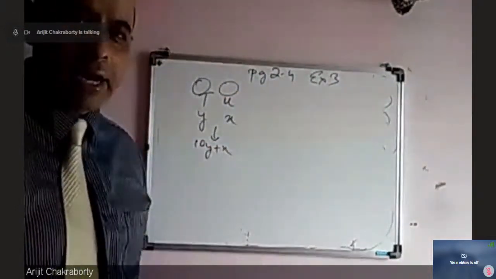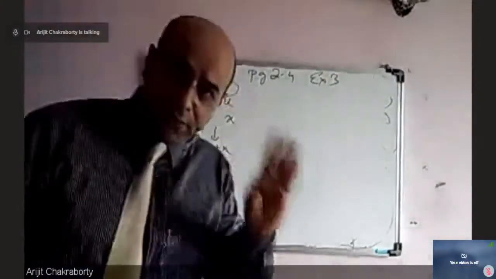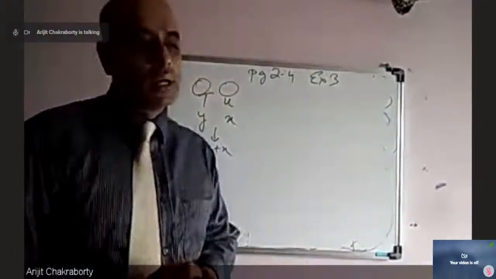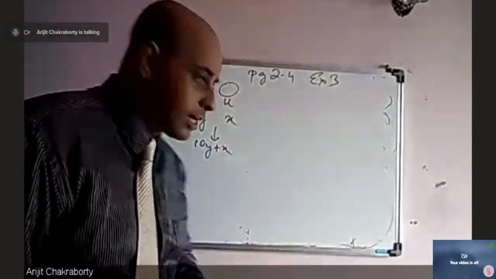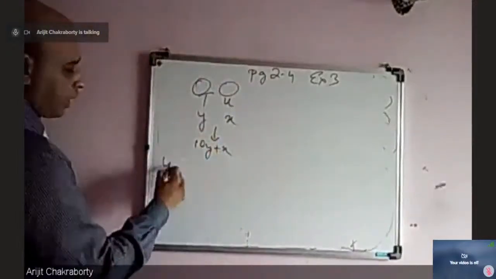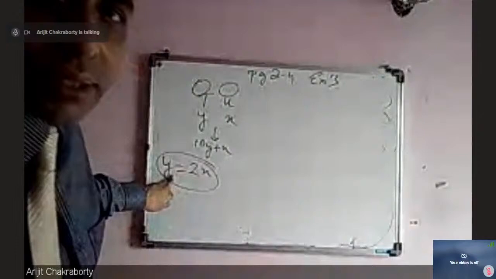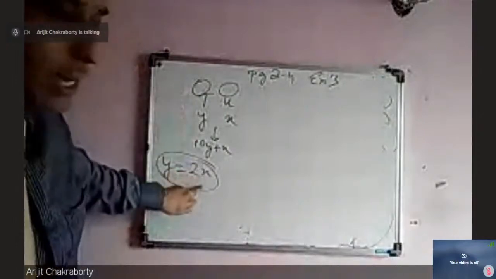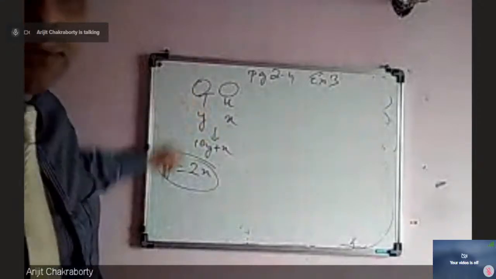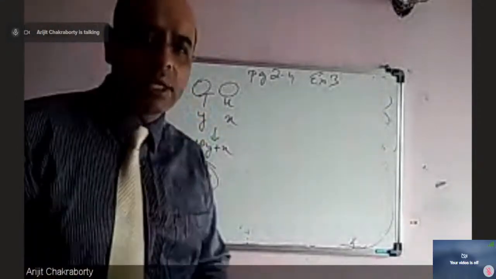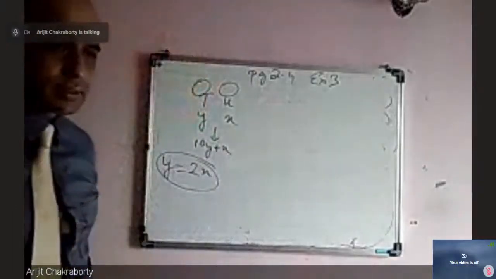It is already given that the digit in the tens place is twice the digit in the units place. So we know that y is equal to 2x. So y is 2x. Right?